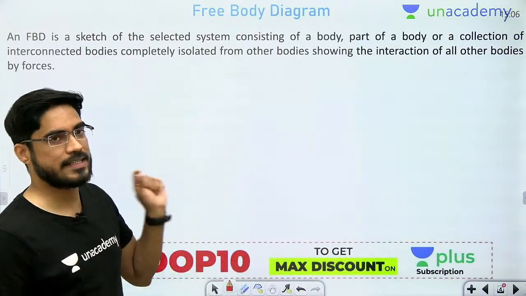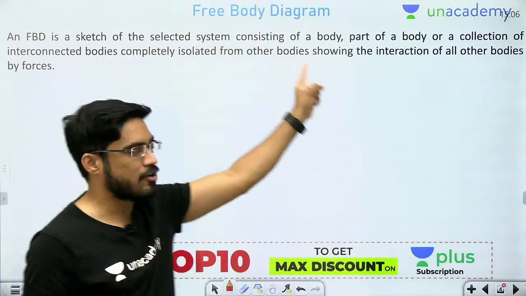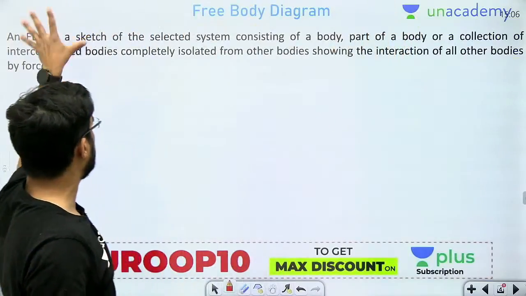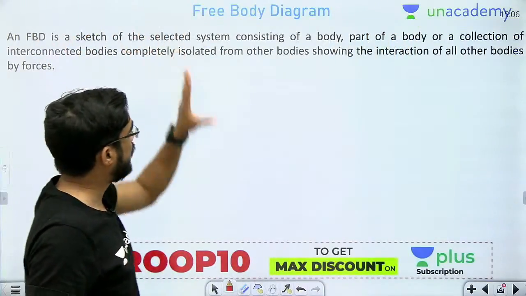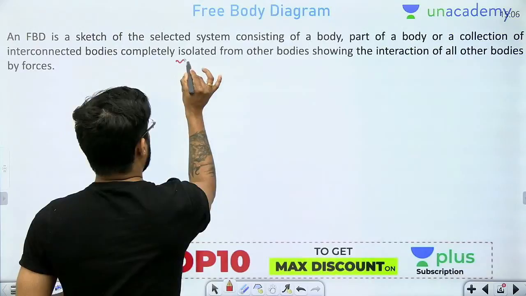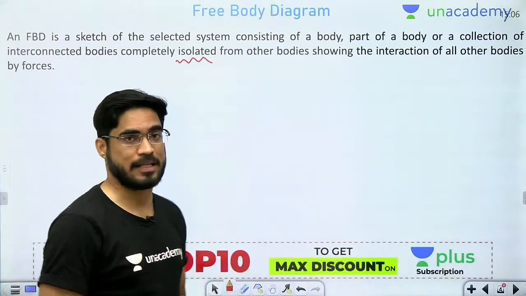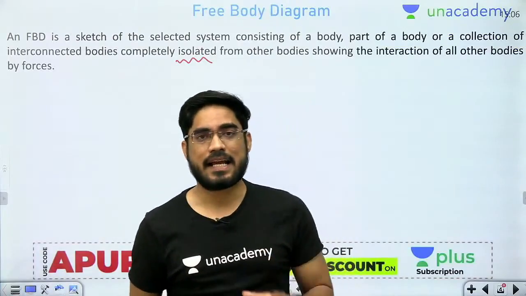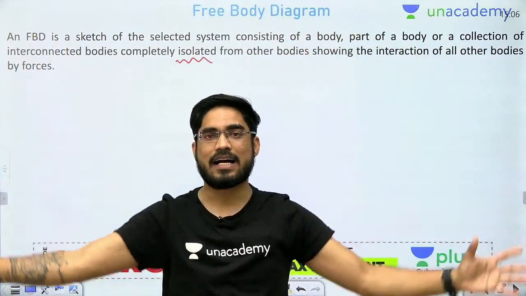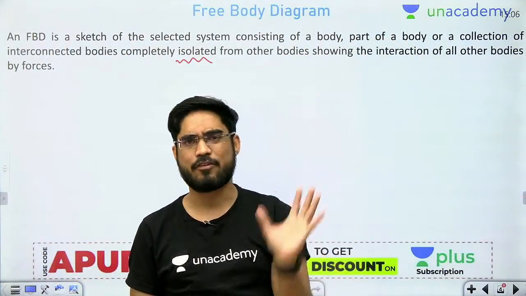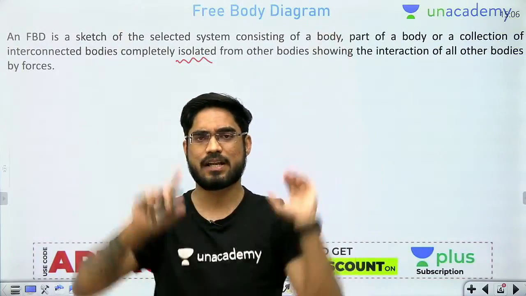Okay. So FBD is a sketch of a body, part of a body or collection of interconnected bodies completely isolated from other bodies. Isolated मतलब क्या? Let's say a body is connected by other bodies. Okay, there is some type of connection between this body and other bodies.